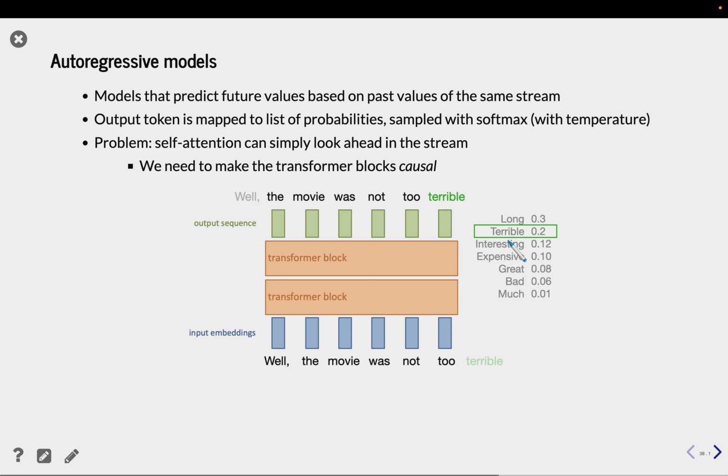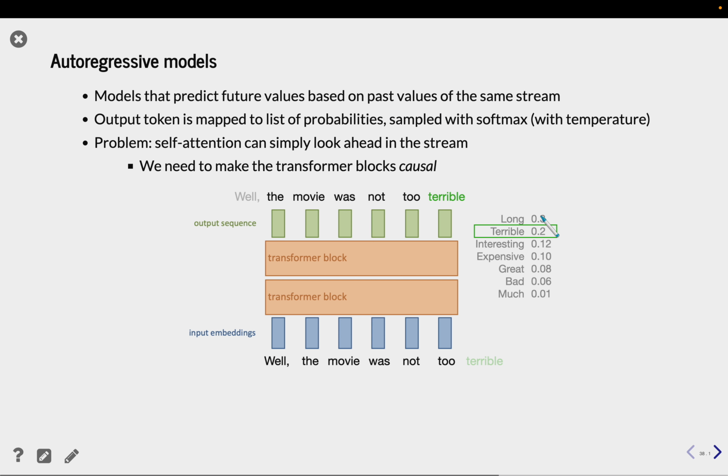Typically, you probably want to have the most common answer, like "long", but that tends to create models which are very boring because they will always have the same answer over and over again. So to make it a little bit more interesting, we do a temperature softmax, which means that if we have a high temperature, there's a higher possibility that we'll choose a word further down the list, while if you have a very low temperature, then we'll always take the top one.